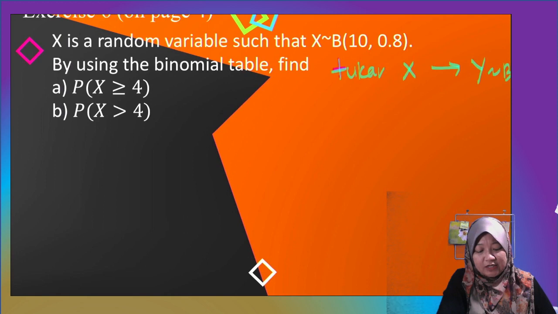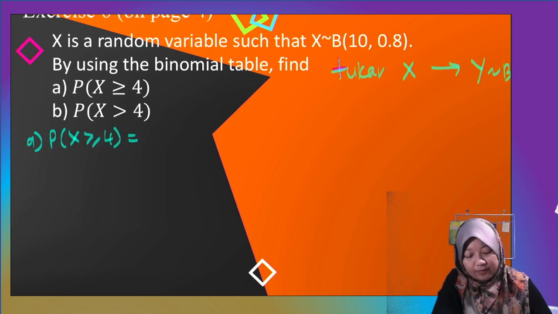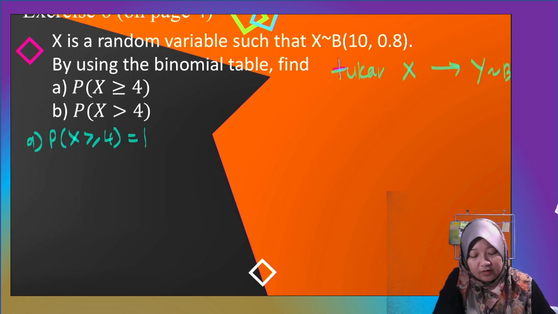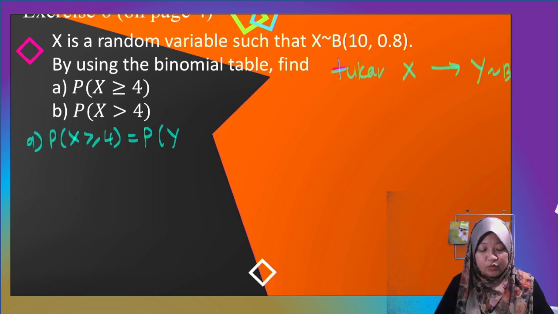So, macam mana kita nak tukar? Okay, probability X greater than or equal to 4. Bila kita tukar kepada Y, dia akan terbalik. Dia akan reflect. Jadi, kalau dekat sini greater than or equal to 4, untuk Y adalah less than or equal to.